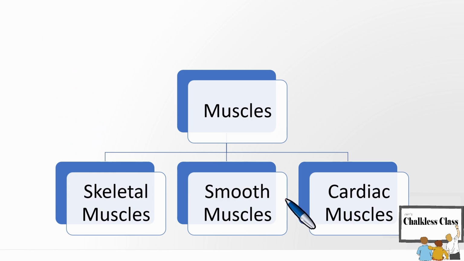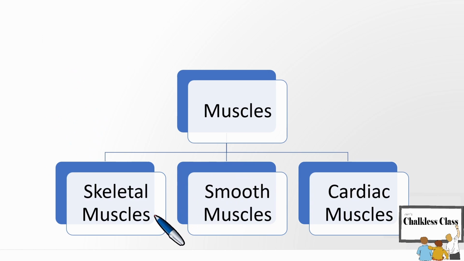The muscles are of three types: skeletal muscles, smooth muscles, and cardiac muscles. This classification is based on the occurrence of the muscle or the distribution of the muscles in the body. Some muscles are associated with the bones or the skeleton.